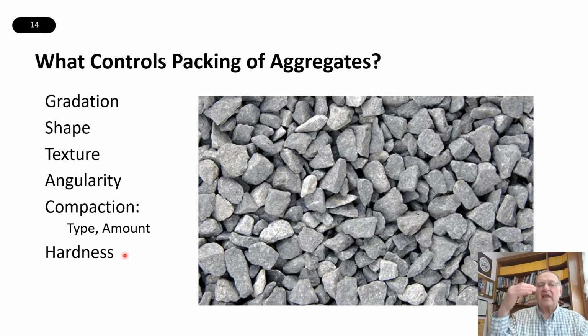The fact that I could maybe have an easier time doing a mix design with harder aggregates is really immaterial. It's not a choice that's available to me. So I can cross hardness off the list of options that I have available as a mix designer to affect the packing of aggregates.